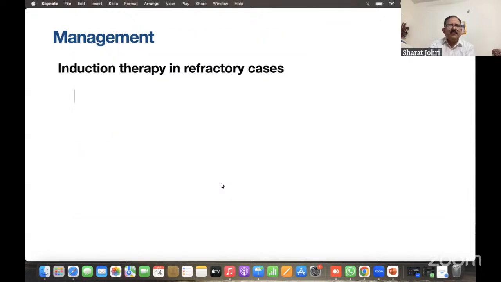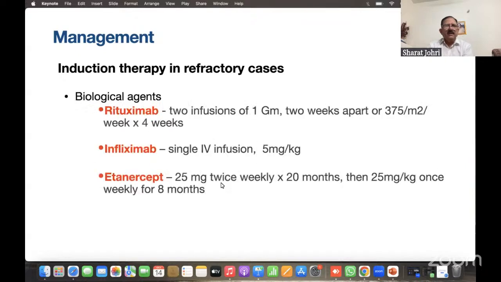Induction therapy is followed by remission. In refractory cases, that means those who do not respond well to steroid or to combination therapy, we can use some biological agents: rituximab, infliximab, and etanercept in the doses mentioned here.